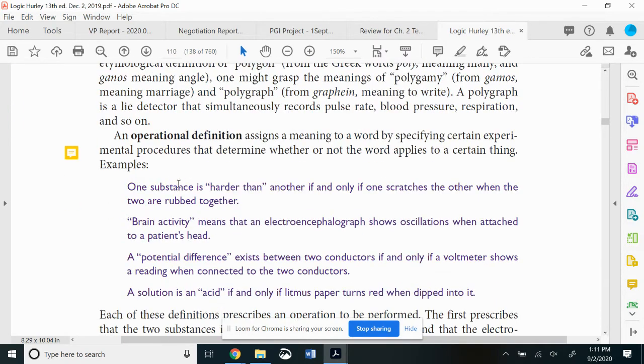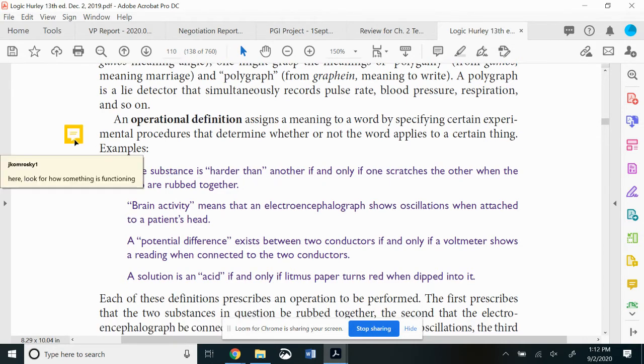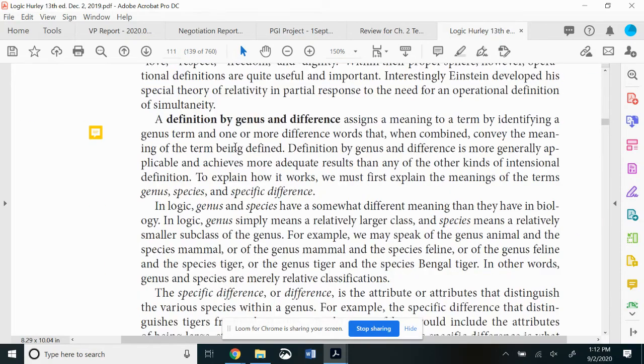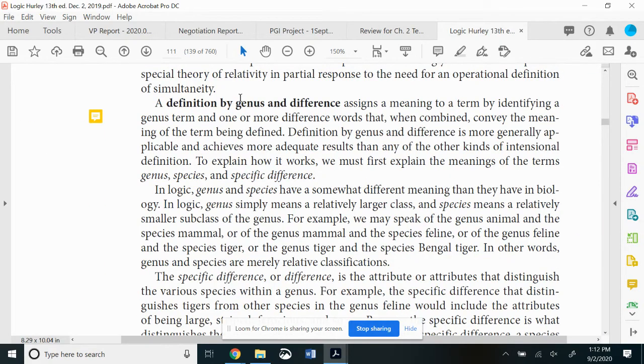And we have operational. These are describing the functionality of a term. Look for how something is functioning. Operational. Very specific language of how it's functioning. And then you have genus and species, or Hurley will say genus and difference.